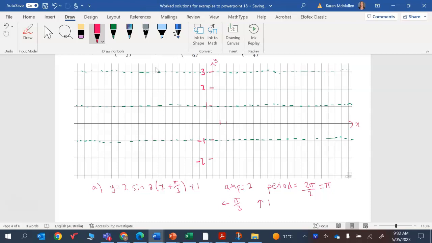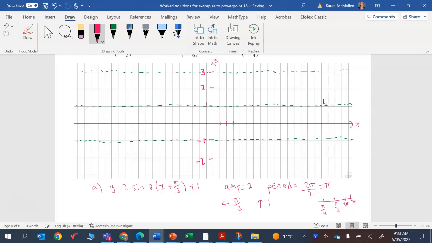Also, because we're splitting pi into 4, that scale would be pi on 4. If we were just to split that into 4, we would have pi on 2, pi on 4.